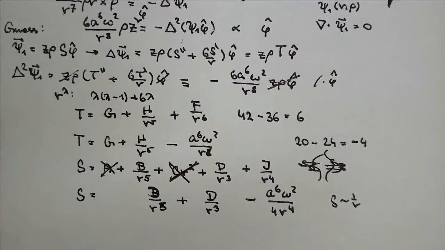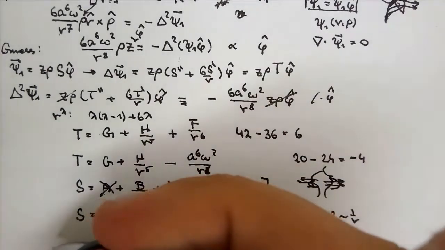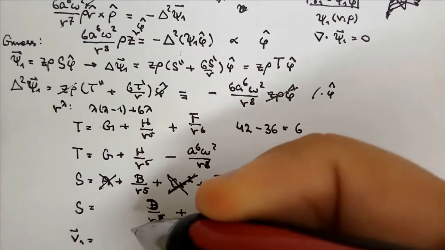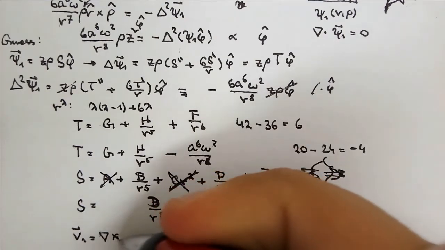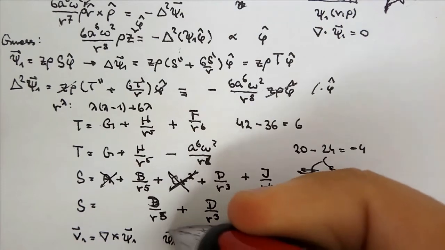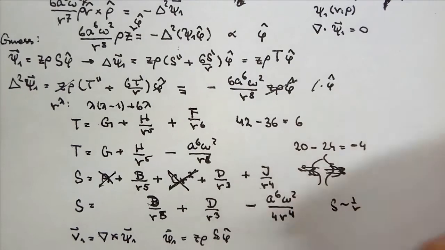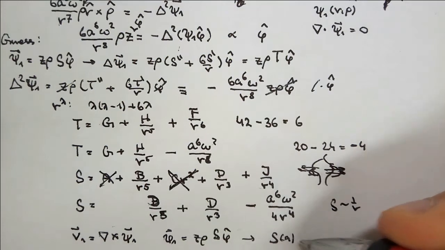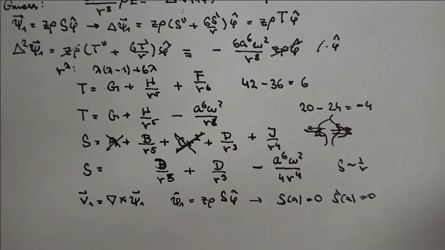So you have to write the boundary conditions, and if velocity 1 is curl of some psi 1, and the psi 1 is 0, s and phi hat, then it will vanish when s at A is 0 and s prime at A is 0. Again, it's the same condition as before.